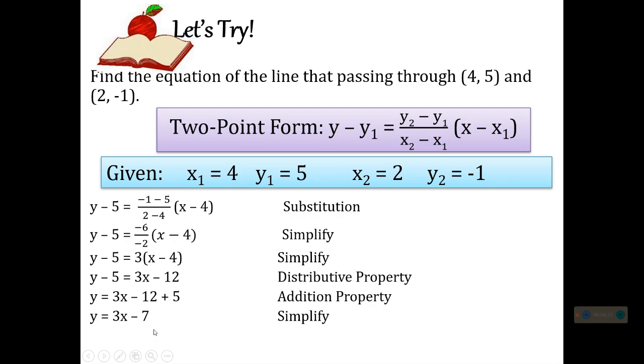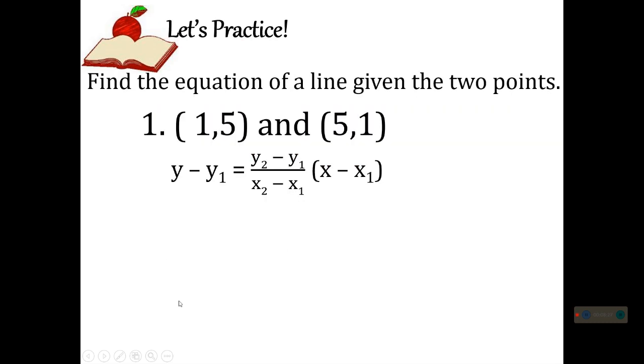Okay? Question? Okay, so if you have any question, I have here prepared 3 more examples. So let's practice. Find the equation of a line given the 2 points. So our first point is 1, 5. The second point is 5, 1. Okay, so again, you will just substitute these numbers on our formula.